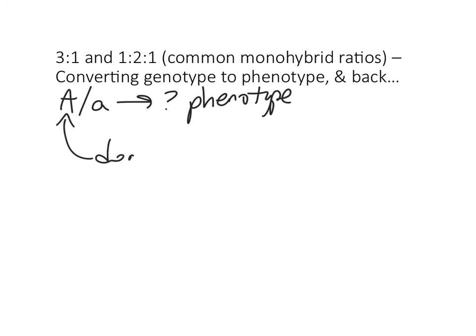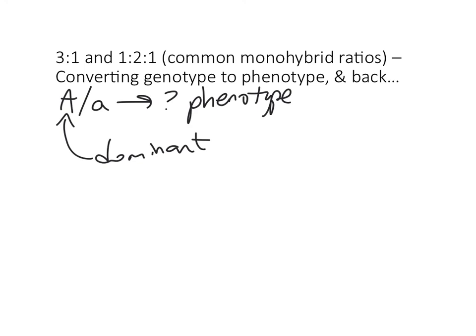So what else would I need to tell you? It's the really obvious question that you're probably asking yourself. I heard somebody say it. So big A is dominant. What does it look like? What's the phenotype? Make one up.